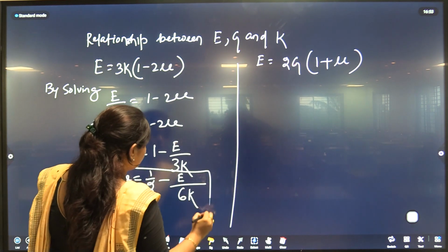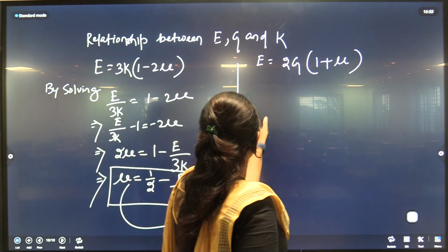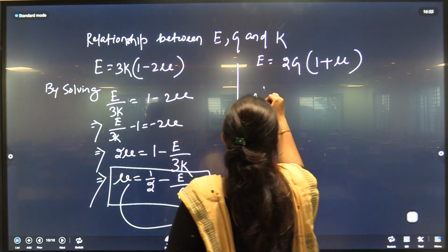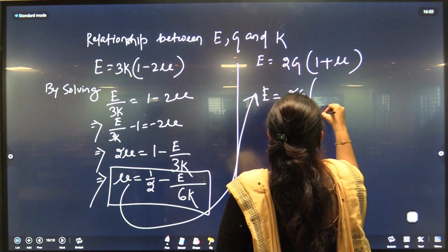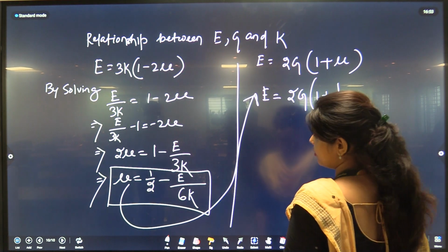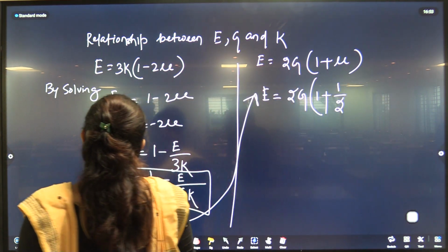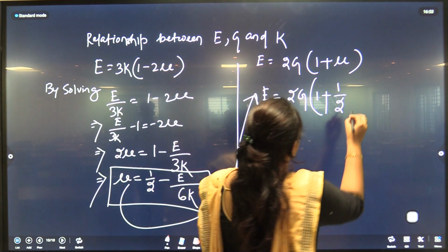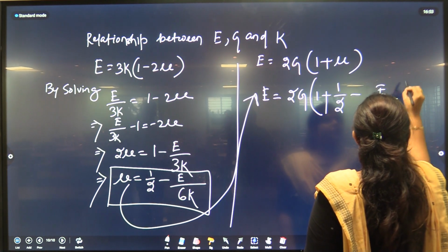Here we found out the mu value. This mu value we will put here: 2G into 1 plus half minus E by 6K.